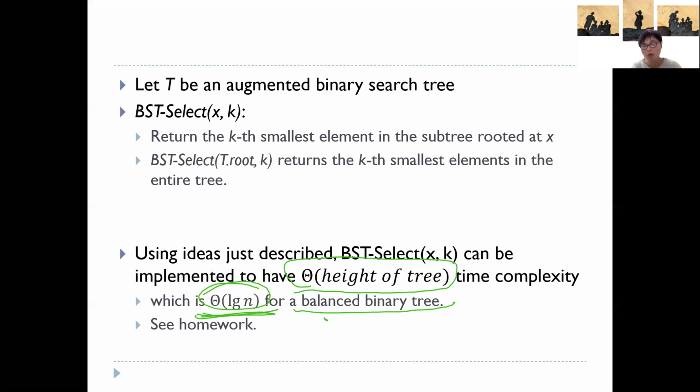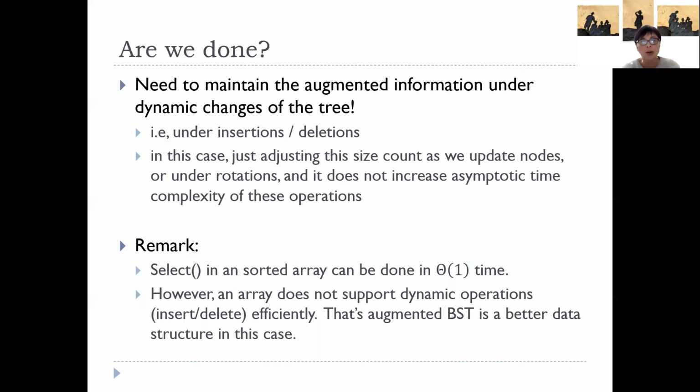As I said, how to implement this to give this time complexity using a recursive algorithm, because what I described is easiest to describe using a recursive algorithm, will be in the homework. Okay, so that's all that I want to say today. Let me just mention that we're not completely done, because we talked about, given the binary search tree, how to augment it using post-order traversal to get the size information.